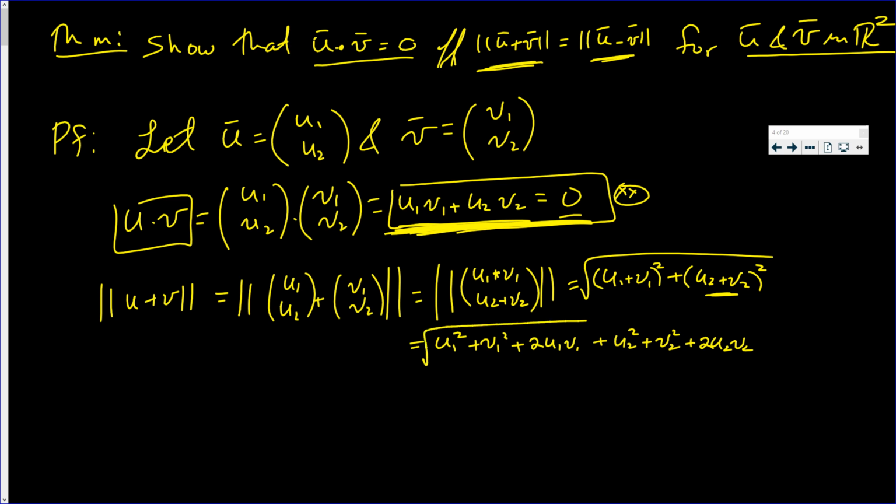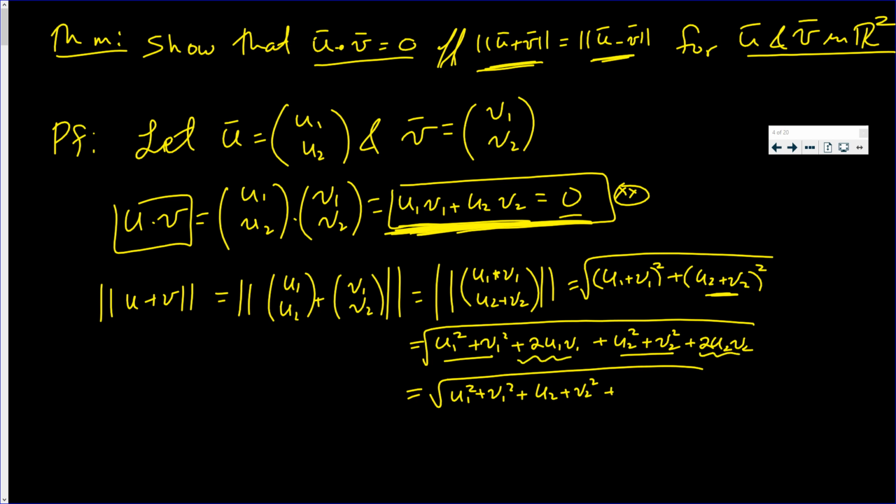Under the square root, I choose to add those two first. So I have the square root of u1 squared plus v1 squared plus u2 squared plus v2 squared plus, and for those other two, I can factor out the 2, and I get 2 times (u1 v1 plus u2 v2).